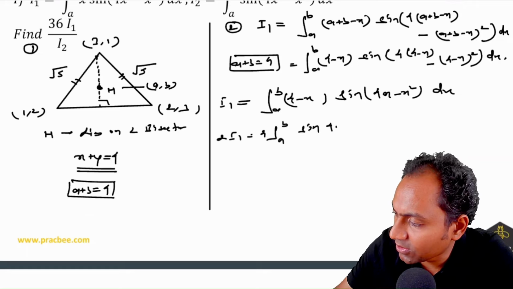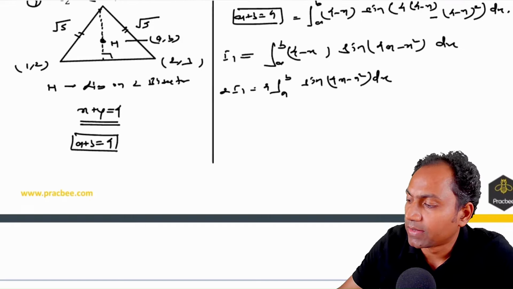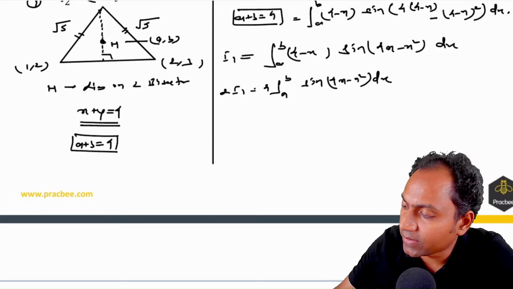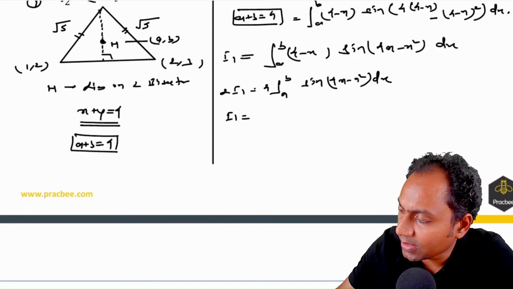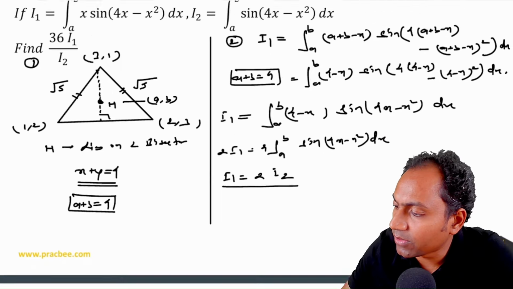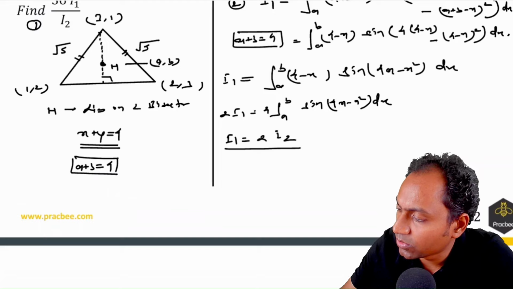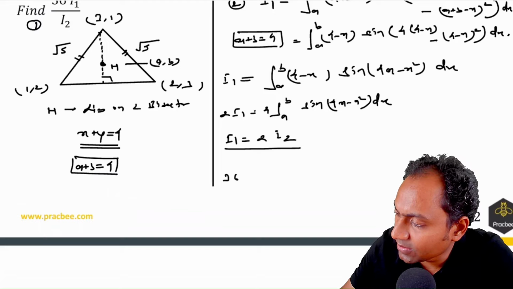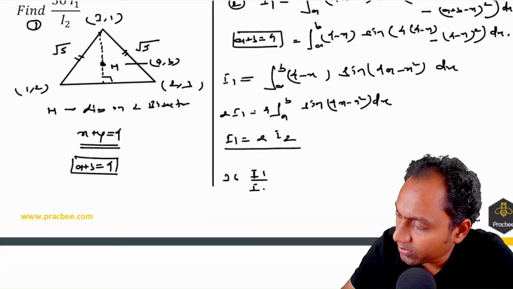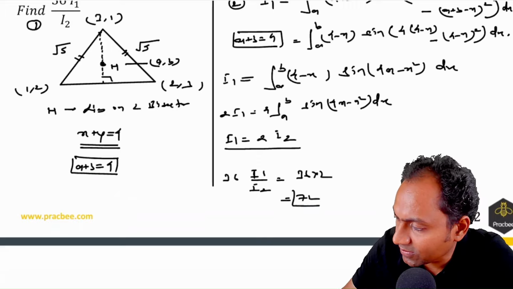So it is nothing but sine of (4x minus x square) dx. And this part is already given as I2. So you can see that I1 is equal to 2 times I2. Now what they are asking is 36 times I1 by I2. So 36 times I1 by I2 will be 36 into 2, which comes out to be 72.